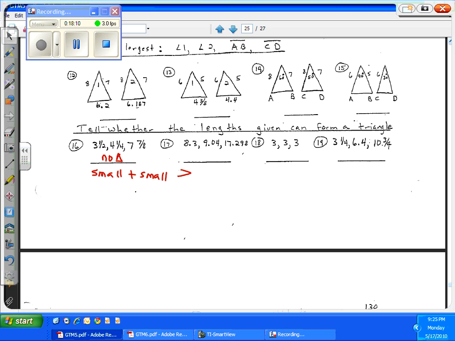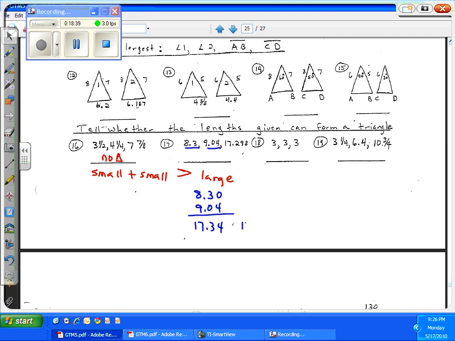Again, we're trying to see if small plus small comes out to be greater than large. If it does, it is a triangle. So we're going to take the small plus the small here, 8.3. We're going to add 9.04. We get 17.34, if we lined up our decimals there and added a 0 as a placeholder.